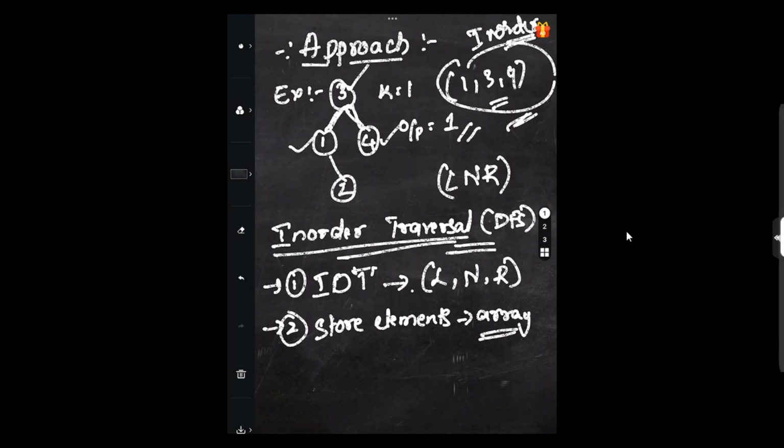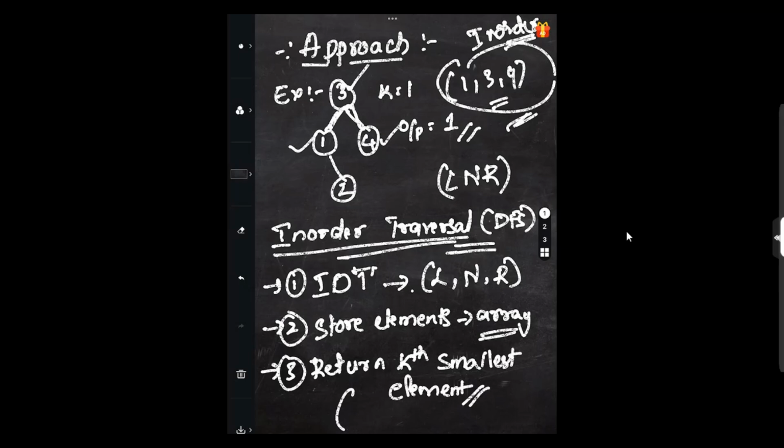After storing the elements in the array, we have to return the kth smallest element. So that's what they have asked for. This is the approach that we'll be going with.